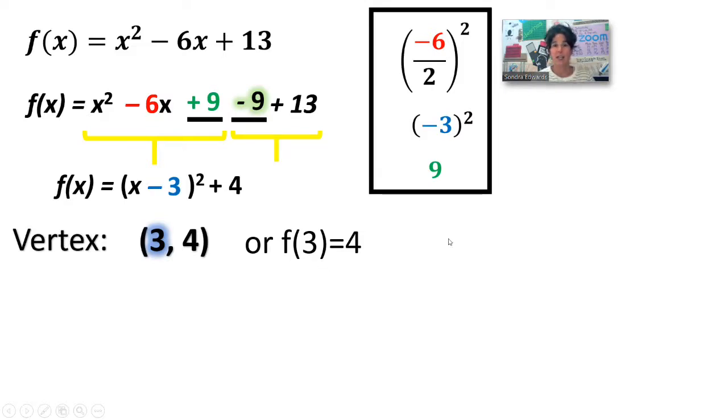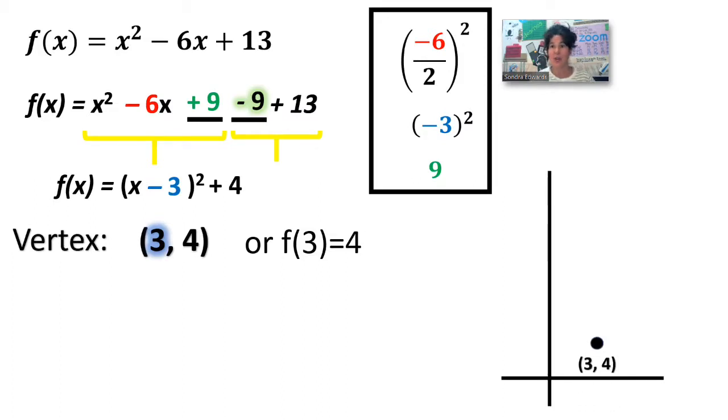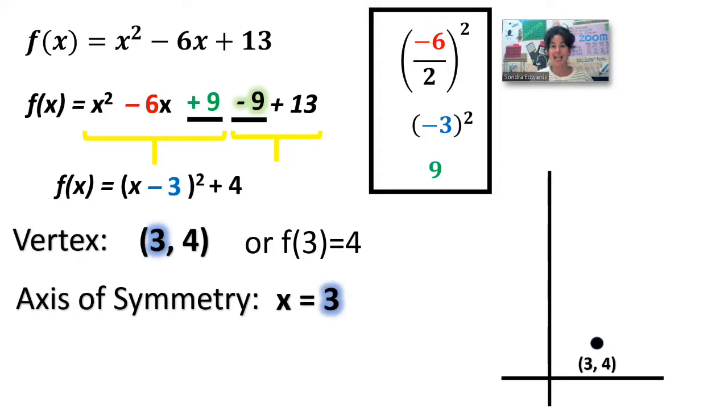Next, we can find the line of symmetry, that vertical line that's going to cut the parabola in half. And the equation for that, let me just go ahead and graph as we go. So I'm going to make a sketch. There's 3, 4, the vertex. Okay, my axis of symmetry is x equals whatever number is the x in the vertex, or whatever is the opposite of this number.